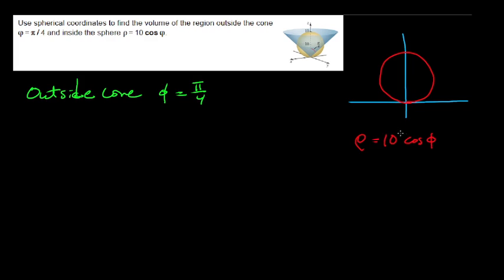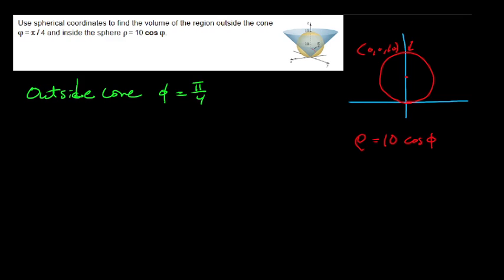What that means is when phi is 0, rho equals 10 up here, so this is (0, 0, 10), which means the sphere is radius 5, centered at the point (0, 0, 5). Okay, so that's the sphere.